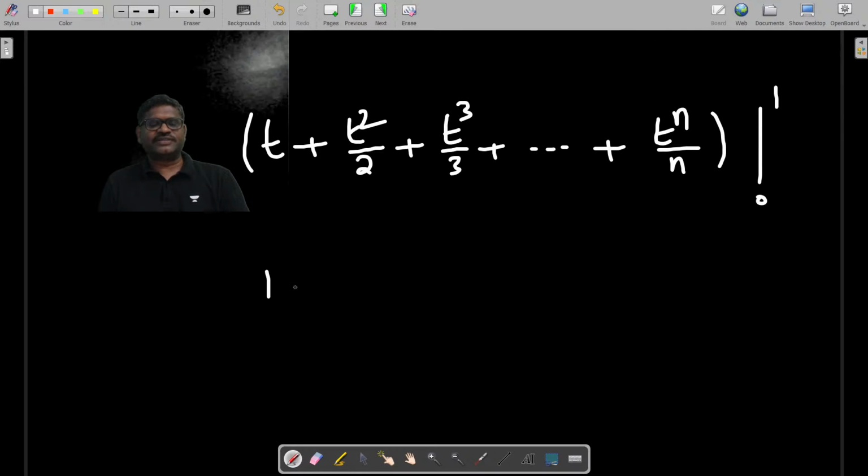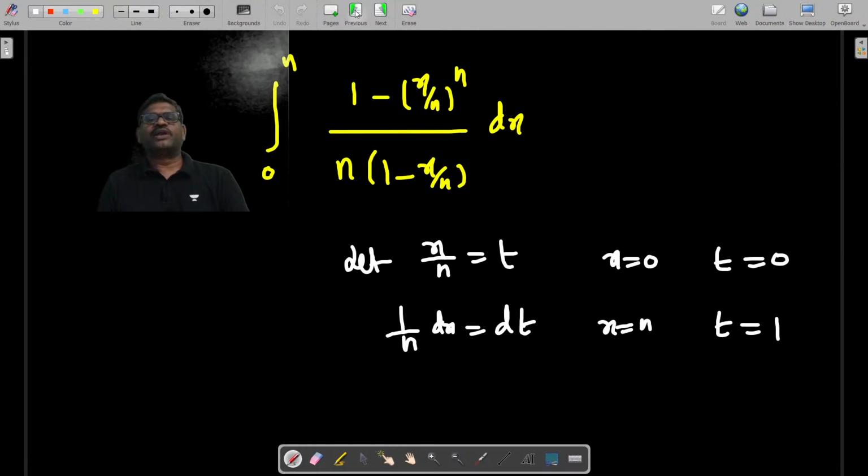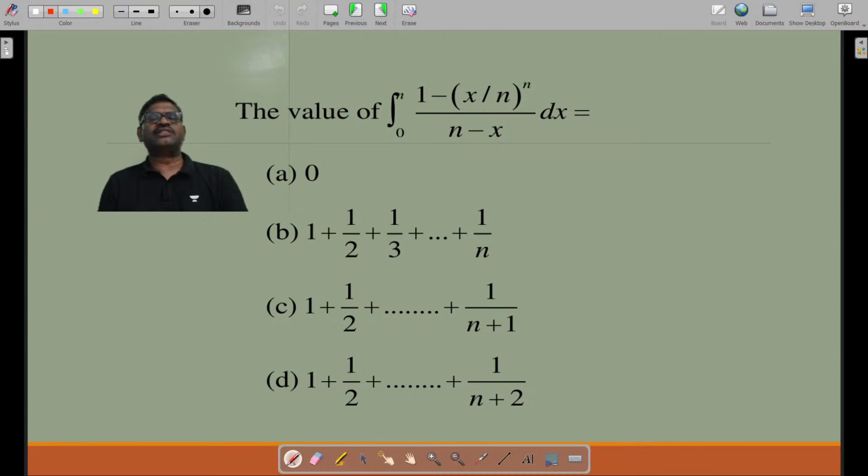Applying the limits, you will get 1 plus 1 by 2 plus 1 by 3 plus and so on up to 1 by n. That is the value of the integral.